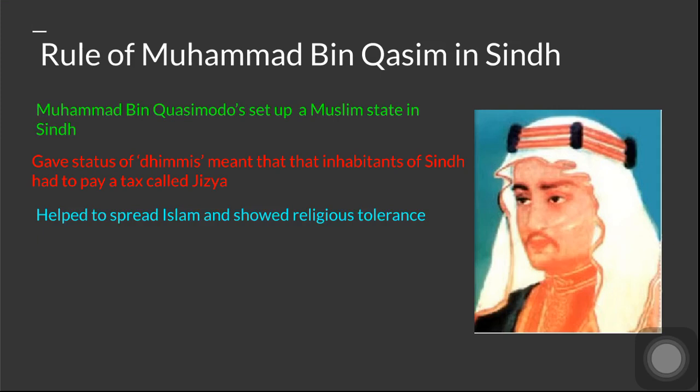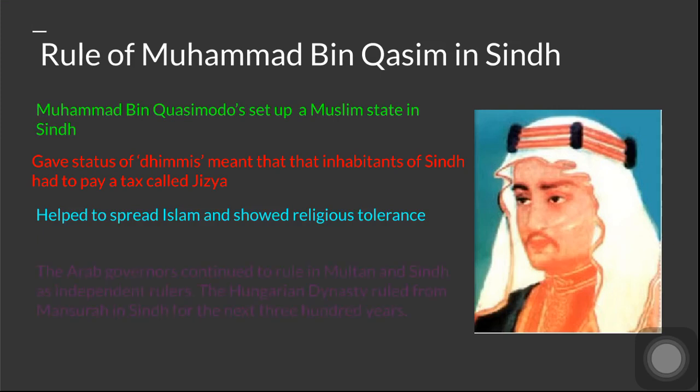Muhammad bin Qasim, a just and tolerant ruler, was welcomed, and people were drawn to Islam, especially because there is no caste system in this faith. The people of Sindh were very happy with Muhammad bin Qasim.